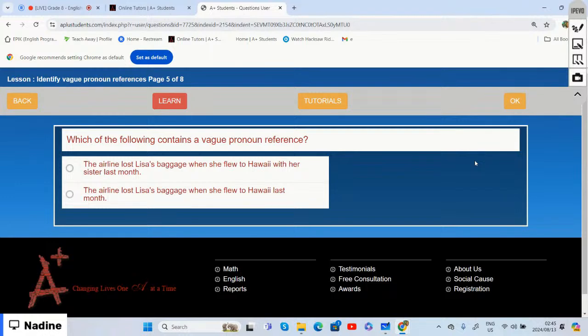Maybe the sentence or something is there, but it is not clear at all.